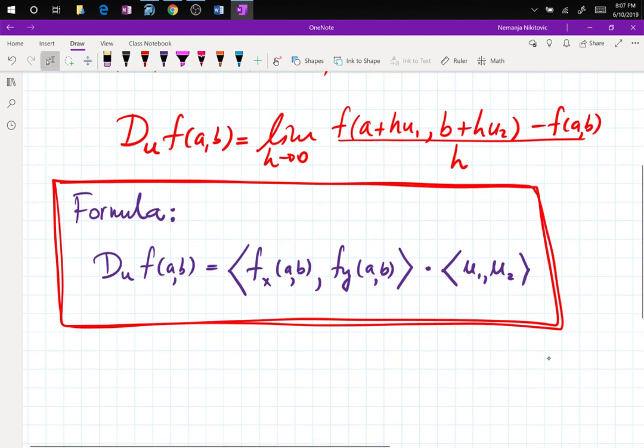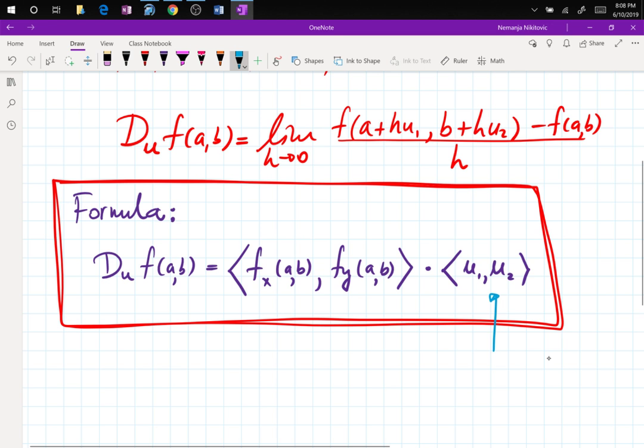And as I have to point out, guys, most of your grade suffers because you are not paying attention to have the unit vector there. So if I give you a vector (3, 4), that's not a unit vector. (3, 4) is a vector that has magnitude of 5.